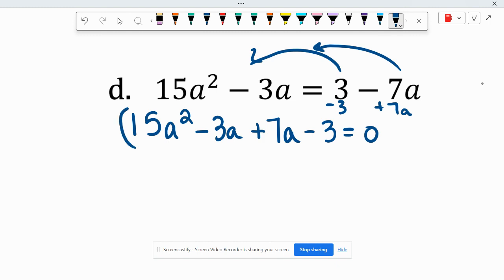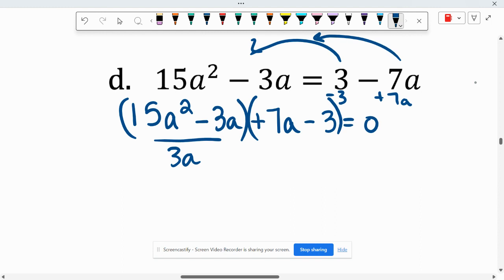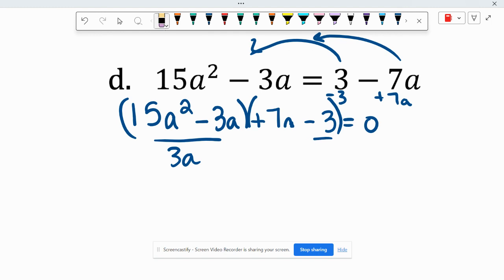Okay, factor by grouping. What's the greatest common factor in this first term? 3a. I can take out a 3a, right? What about here? There isn't anything except a 1.